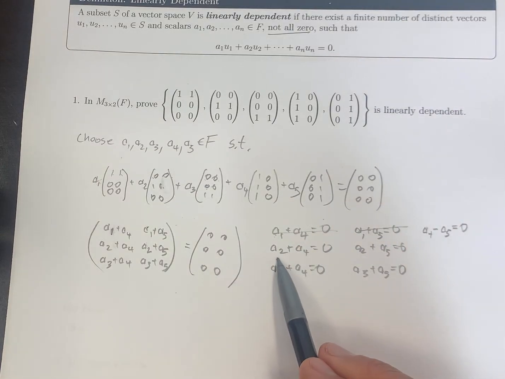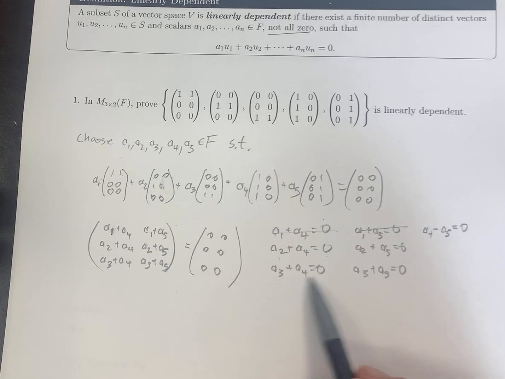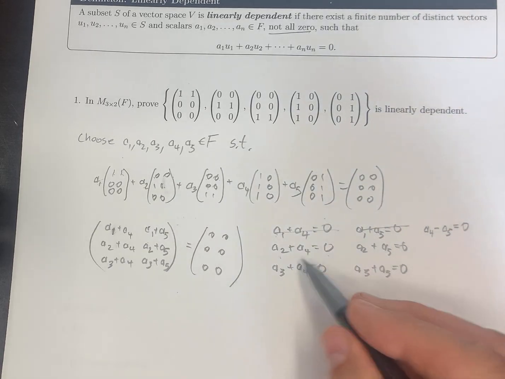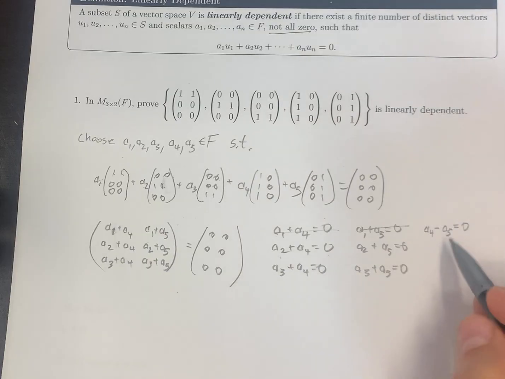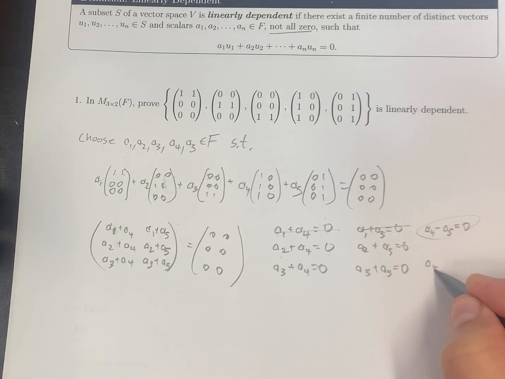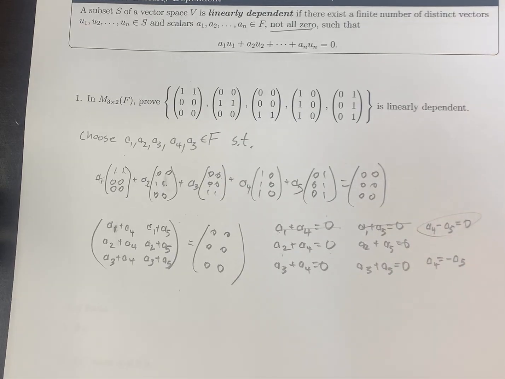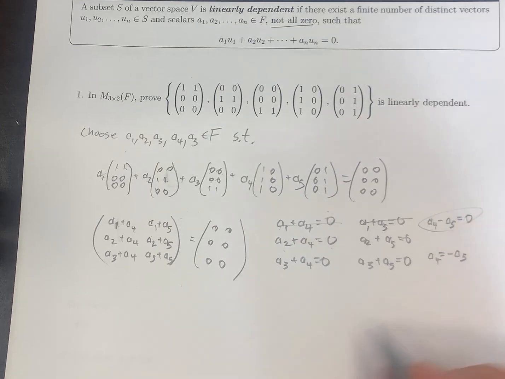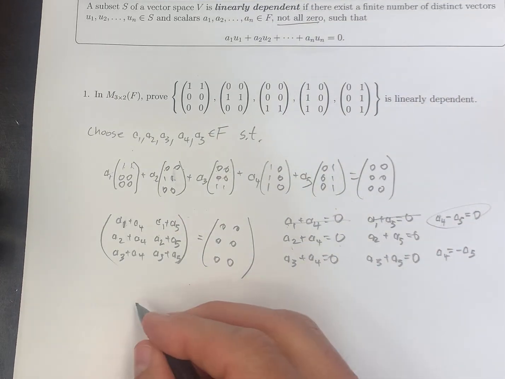Can you see here, I get that same equation. Here, I get that same equation, right? Since all three of those eliminate to this same equation, that tells me my solution is going to work best if I have a4 equal to negative a5. That's really going to happen. But notice that doesn't say anything has to be 0. So let me start with a5 and see where that leads me.